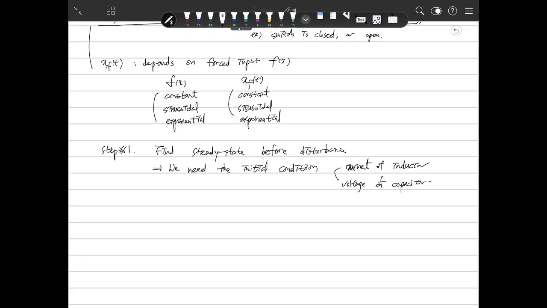And step 2 is to find the steady state after the disturbance. Why? Because we need the forced response.